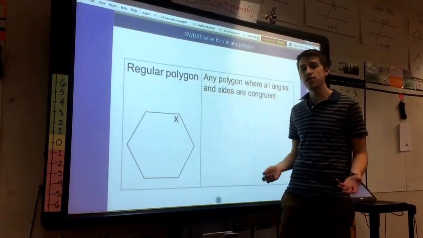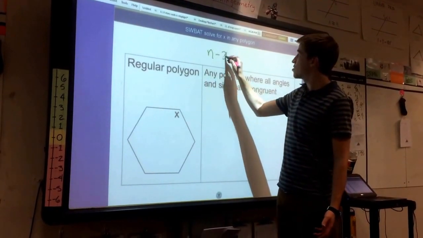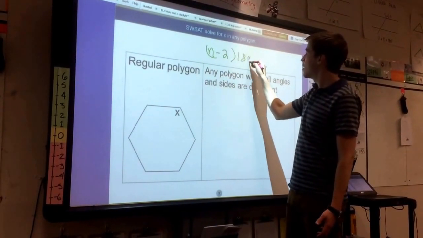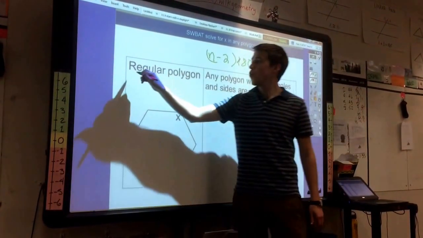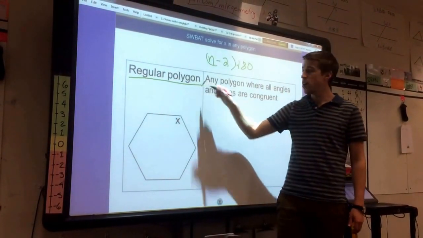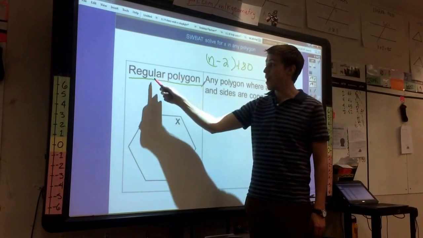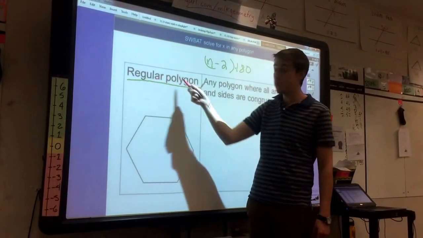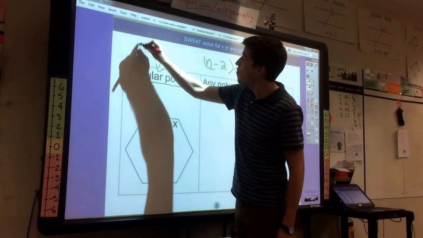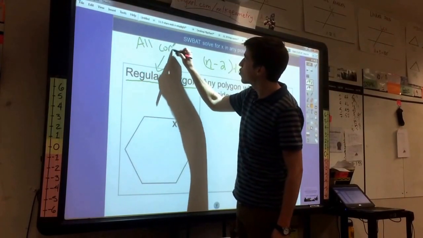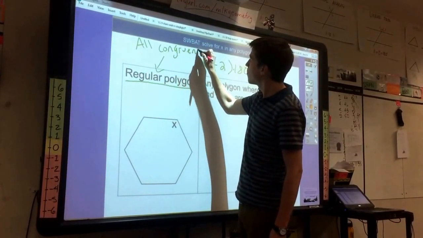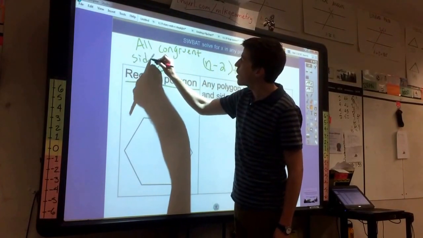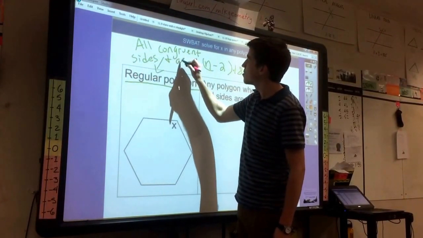The last application of our formula, n minus 2 times 180, is going to come into play when we talk about regular polygons. When we call any shape a regular square, a regular pentagon, a regular triangle, a regular polygon, it means that we have all congruent sides and we have all congruent angles.